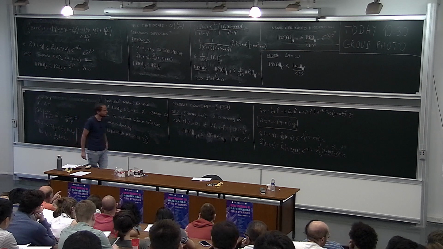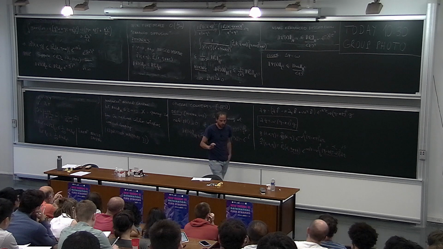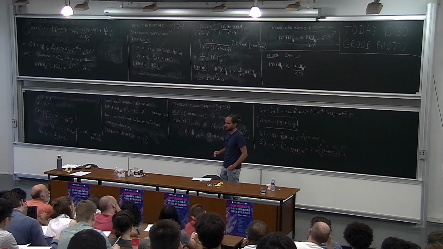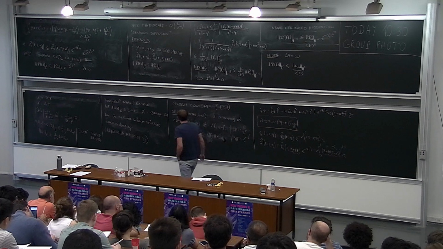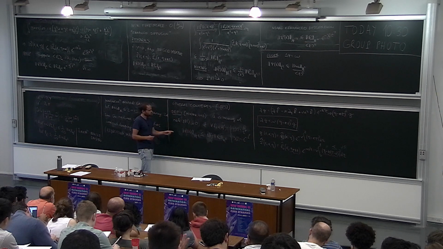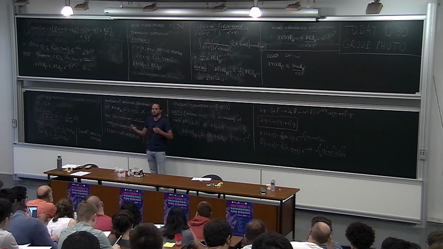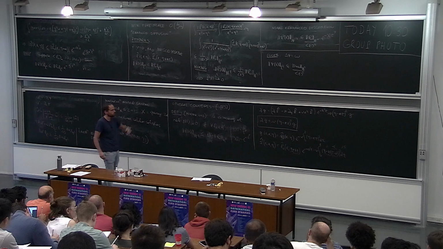U is time dependent; for now I will mostly look at time independent, but it can be time dependent. If it's time dependent, you cannot really just say at time t equals 0, so you want to start at time tau and have gamma of t minus tau or something like that.